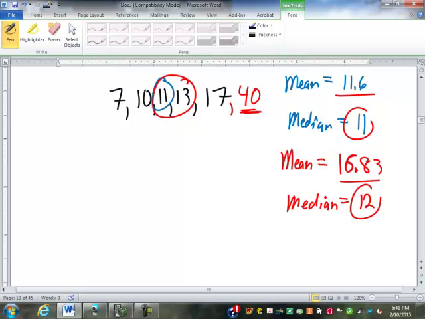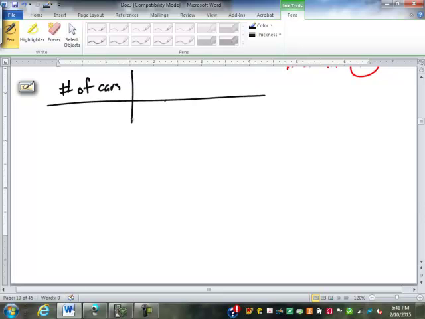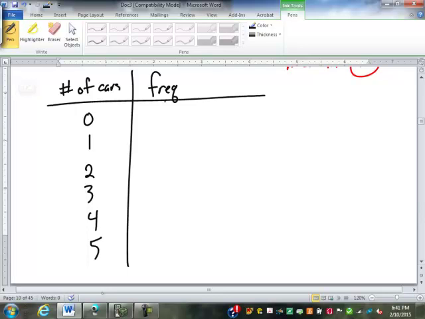Now, sometimes we're not given this huge list of numbers. Sometimes the numbers are already organized for us. We might be given a frequency table. Let's say we're looking at number of cars in a household and their frequency. Let's say that none of the households we surveyed had more than 5 cars.